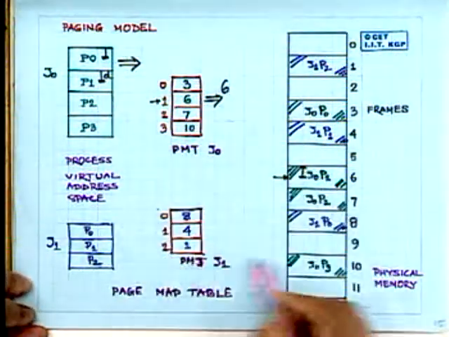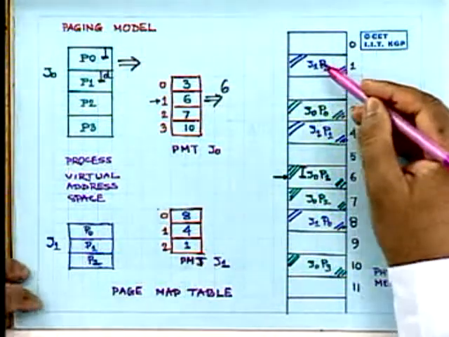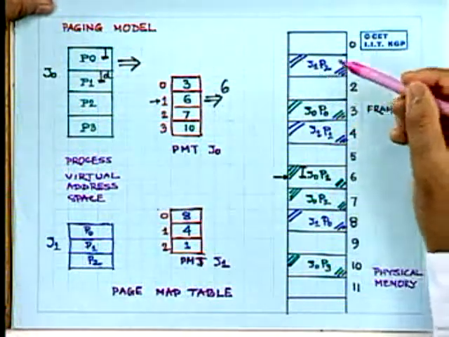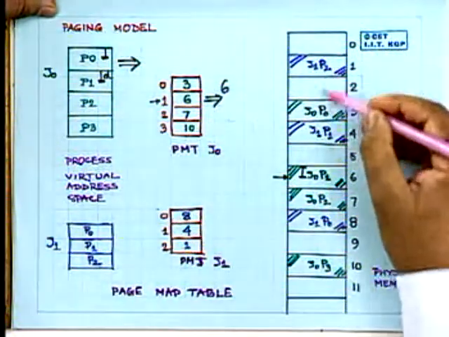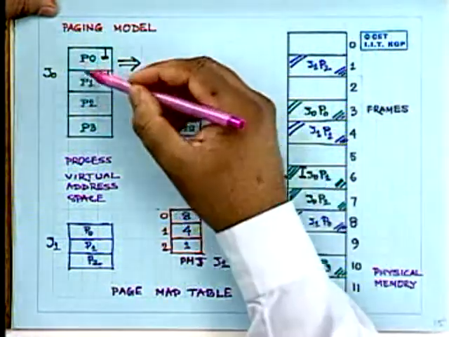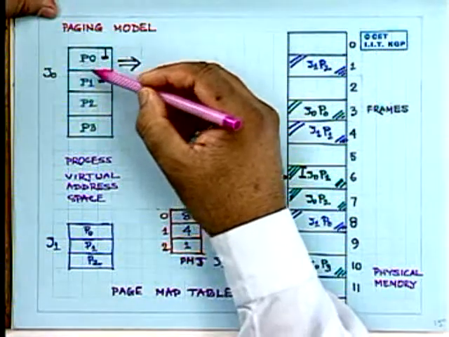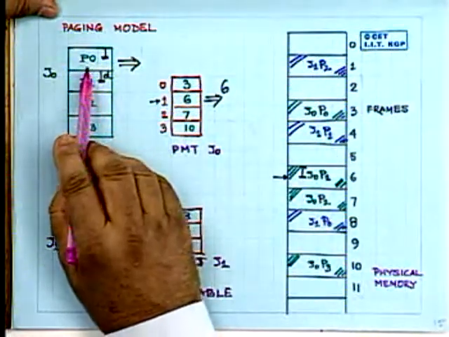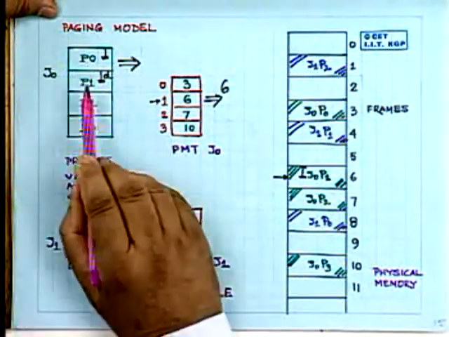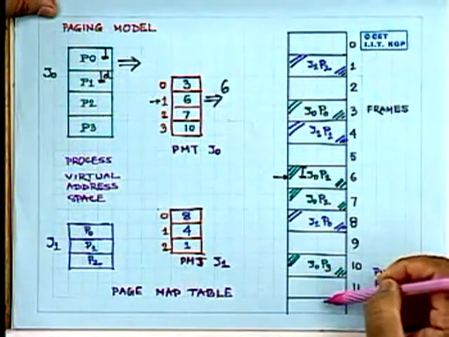Now, from here, it's very clear that what essentially we have done is that we have divided the entire physical memory into frames. The jobs or the processes' address spaces have been divided into pages. The frame size is equal to the page size, and these pages are loaded into the memory in the different frames.